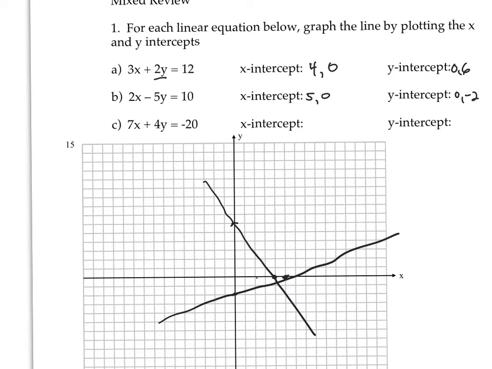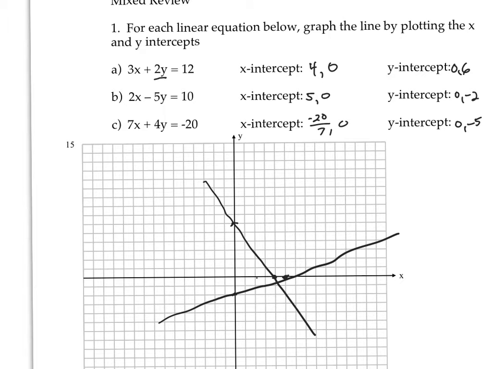And then for the last one, numbers are a little uglier, but we get our x-intercept, when we set y equals 0, is negative 20 over 7, which is almost negative 3. When we set our x equals 0, we get y equals negative 5, so we get a y-intercept of (0, -5).